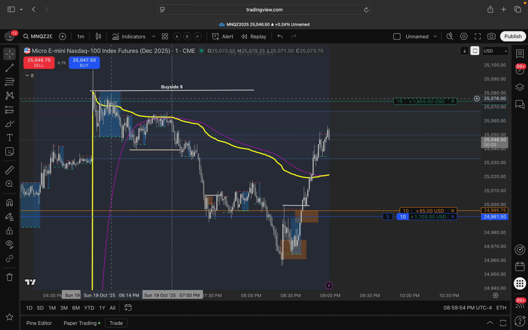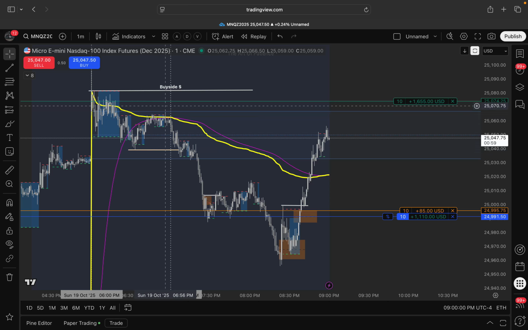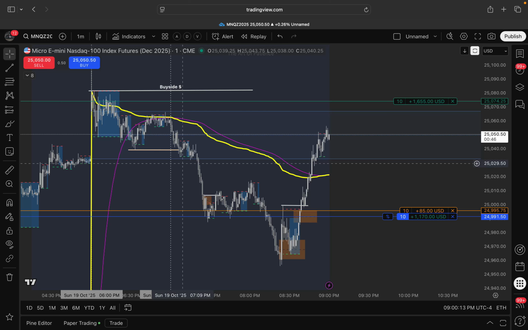It's going to form the highest point, we'll mark it, and then it's going to form the lowest point, we'll mark that. After 7, we have to wait for price to sweep the buy side or the sell side. Once it sweeps either side, we target the opposing liquidity.